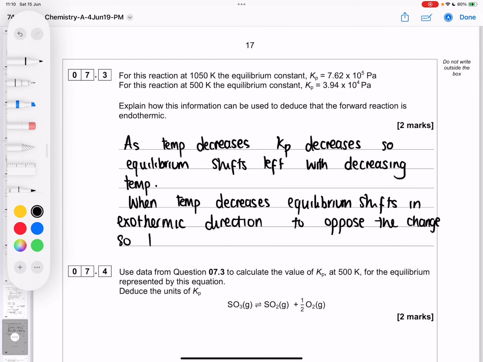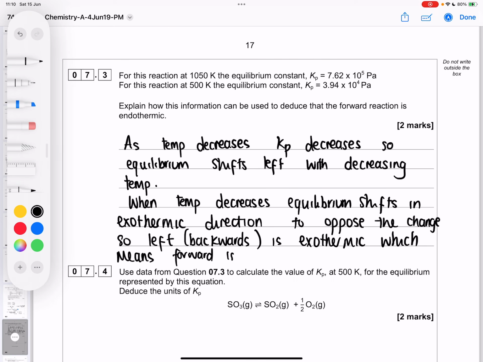So left or backwards is exothermic, which means forward is endothermic. Now you could obviously do the reverse of this and say as the temperature increases, Kp increases, so the equilibrium shifts right with increasing temperature.